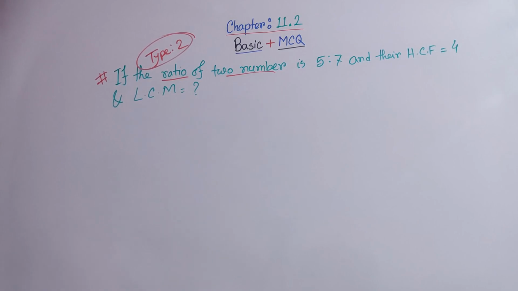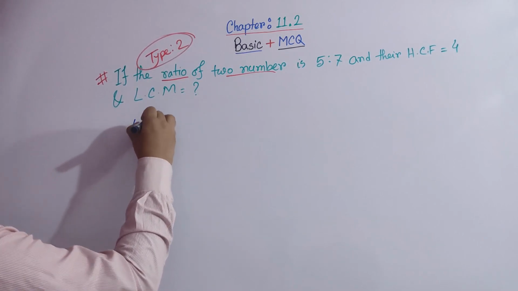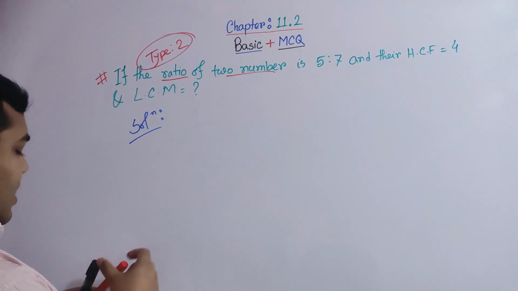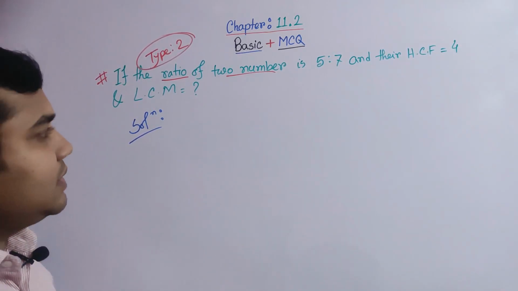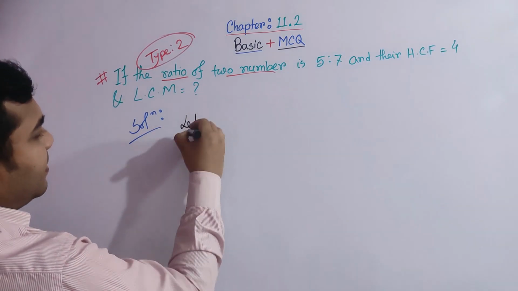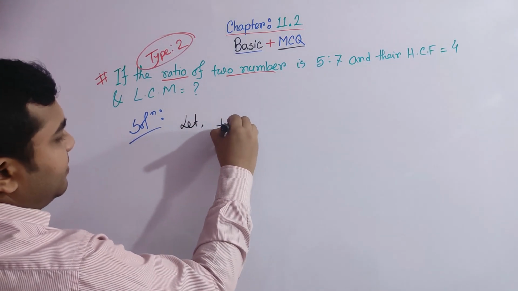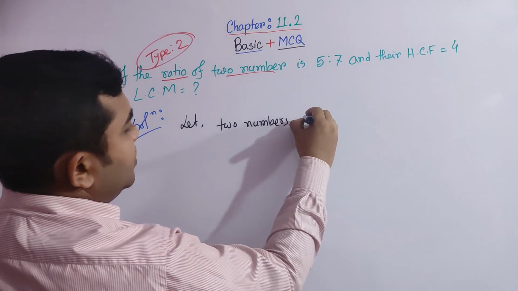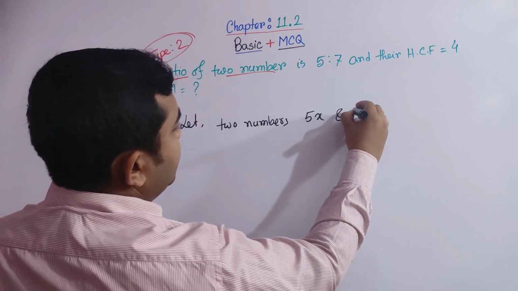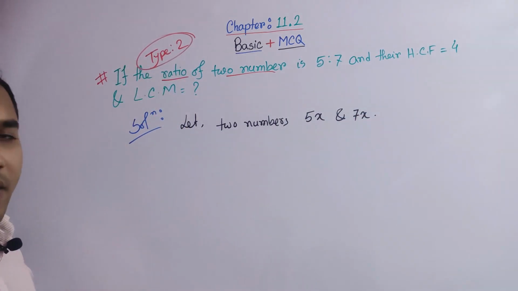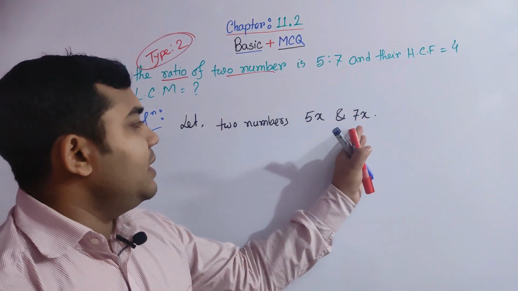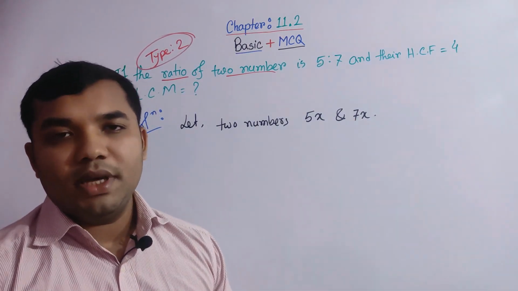So how can we go for the solution of this? It's another MCQ for you. You have to think or let our two numbers be 5x and 7x, and from these two numbers we can easily say what will be the HCF and what will be the LCM.